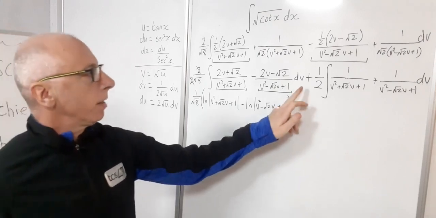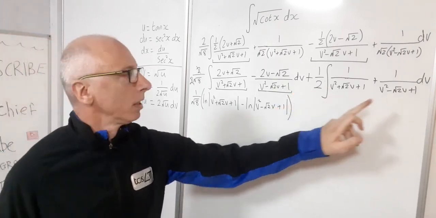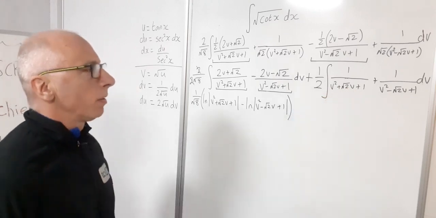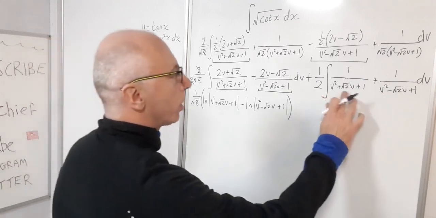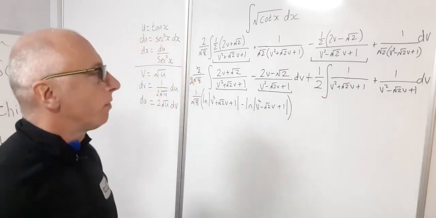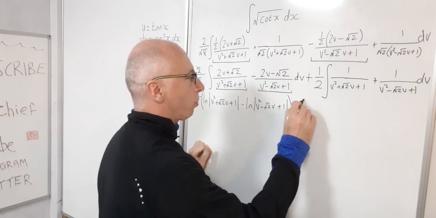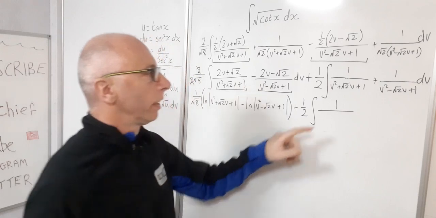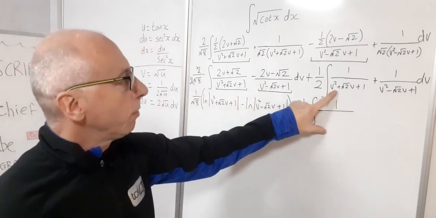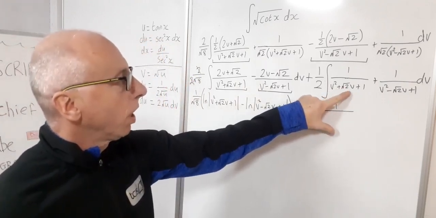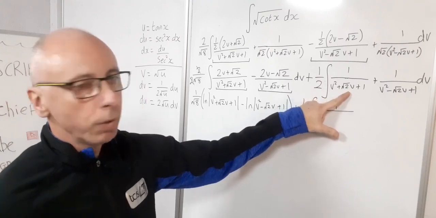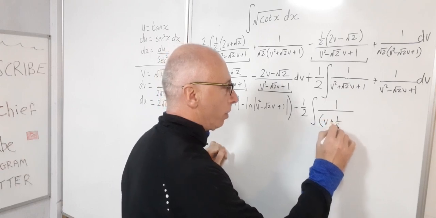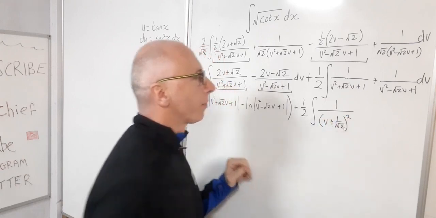Okay, now here we've got this one here. So v² + √2v + 1. Now let's take the square of our denominator and maybe that will lead us to the inverse tangent. So we've got plus 1/2 of the integral of 1 over. Now running through this to complete the square, we've got v² + root 2 over 2. Root 2 over 2 we know is 1 over root 2. So we can write that as (v + 1/√2) squared.